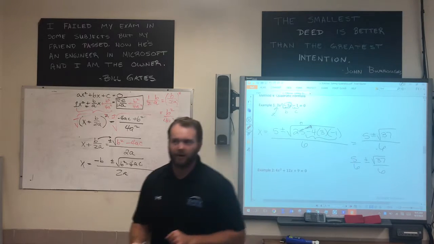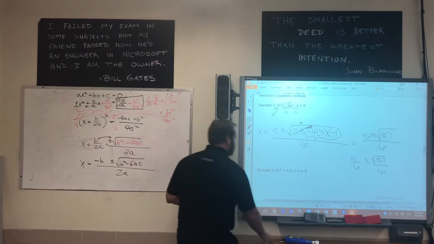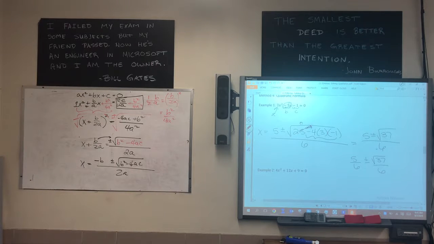Being able to do that and being able to understand that is essential, because what happens is that we end up eventually getting questions that look like this or answers that look like this. Let me find my eraser.